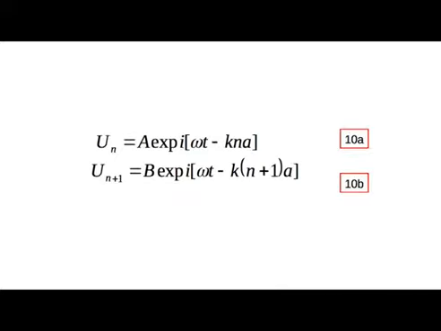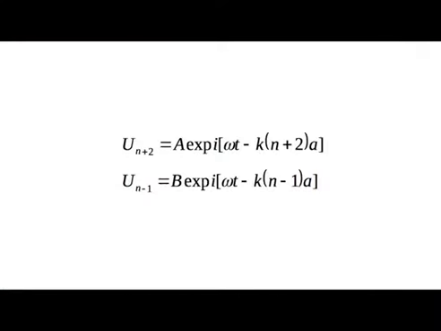And what we did there, we assumed a travelling wave solution for the expression, and if you remember, UN is equal to A exponential i into omega t minus k n a, and UN plus 1 is equal to B exponential i into omega t minus k n plus 1 a.